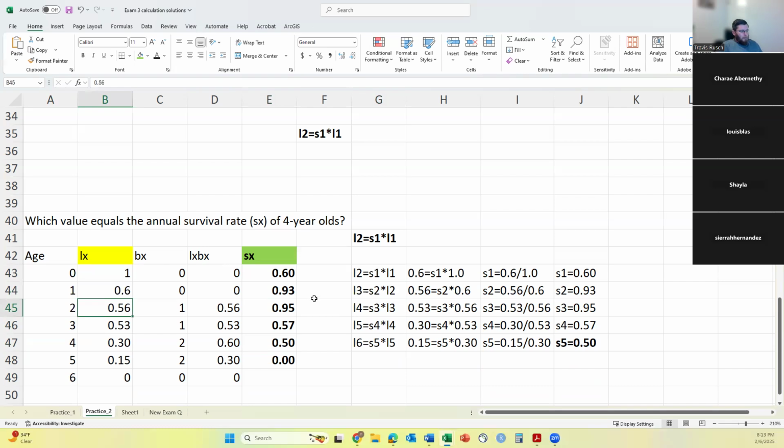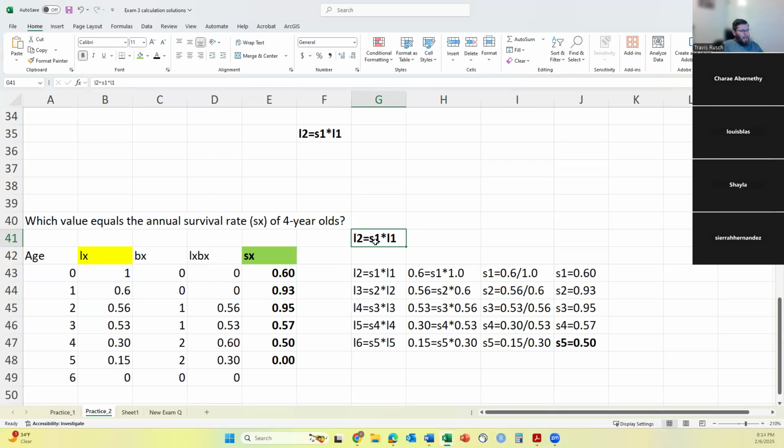Okay, so we're specifically just using L of X, dividing the one below by the one above, just LX to get all the SXs. Yes, because it's really an algebra problem, right? Where we have this value and we don't have this value and we have this value, so we're solving for S of 1 or we're solving for X, like in algebra.